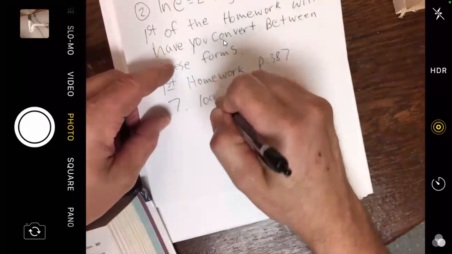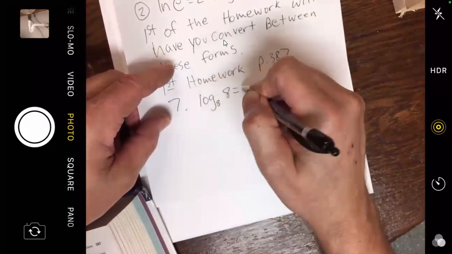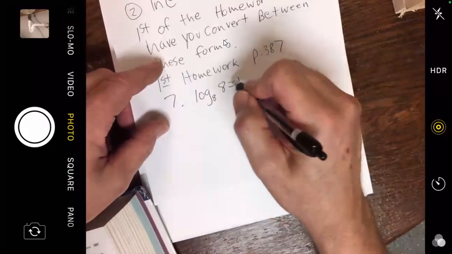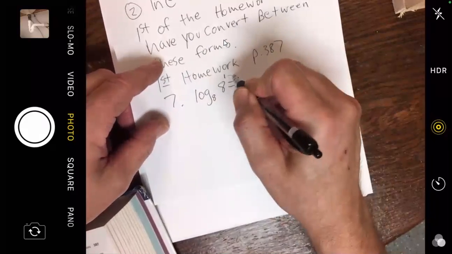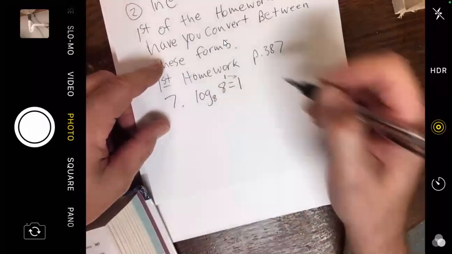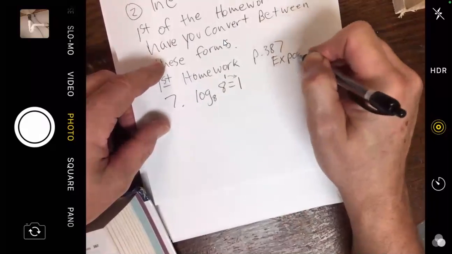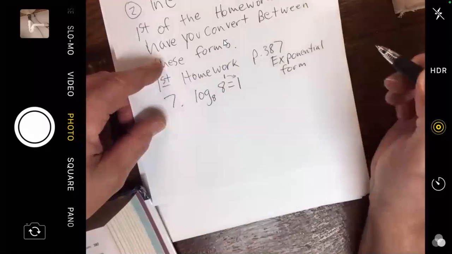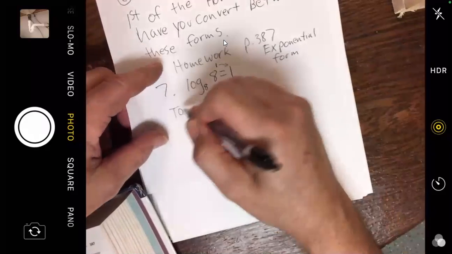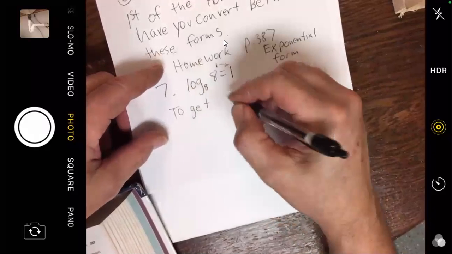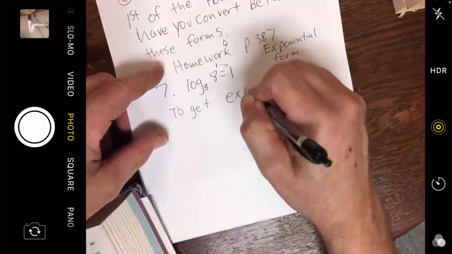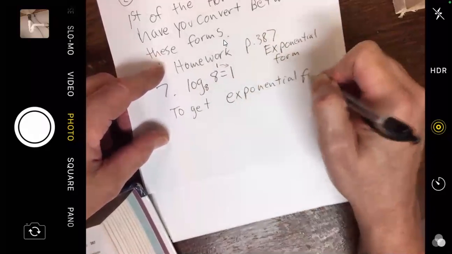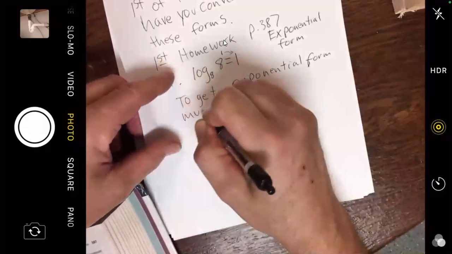They start with a log base 8 of 8 and tell you it's 1. All right, you see where the 1 comes from? The 1 is the exponent right up there. So these are undoing each other, get 1, and then they want an exponential form. To get exponential form, you must undo.